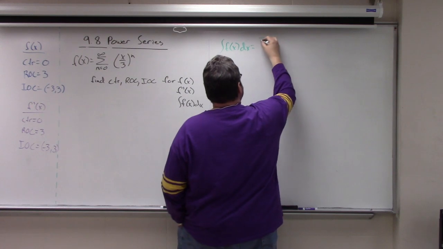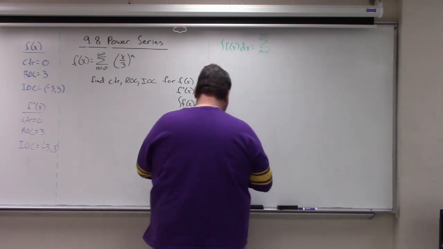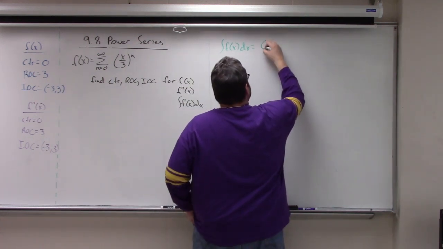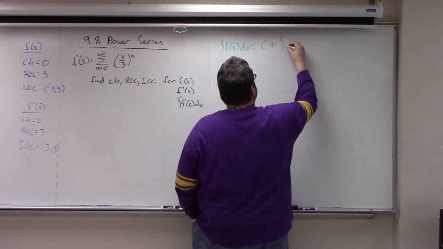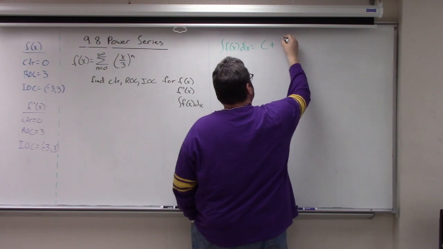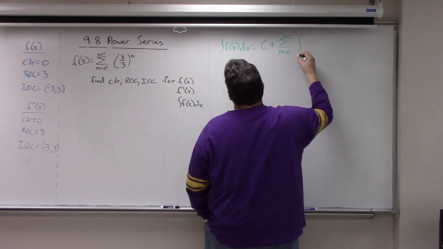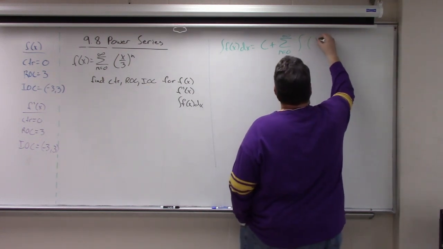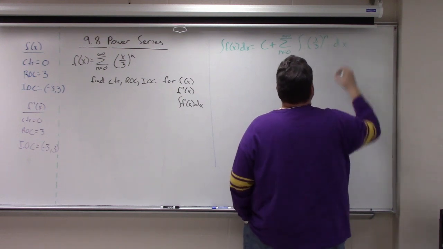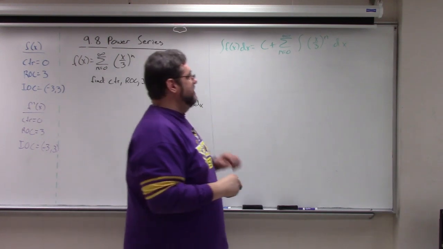Okay, remember that's c plus the integral of the sum, n equals 0 to infinity, of (x over 3) to the n dx. All right, we have to integrate this now.